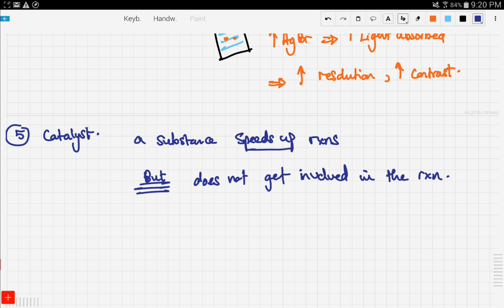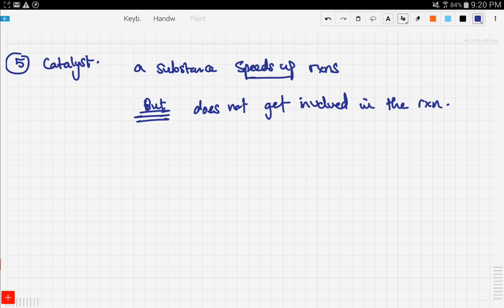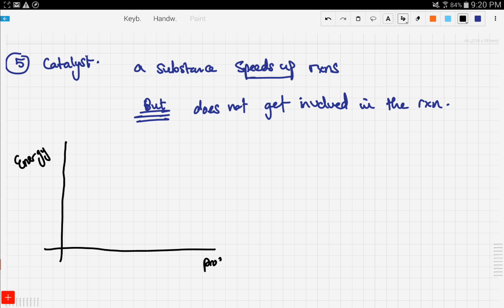Okay, so let's take a look at this graph. It's a graph of energy versus process. So we start with our reactants and we end up with products.